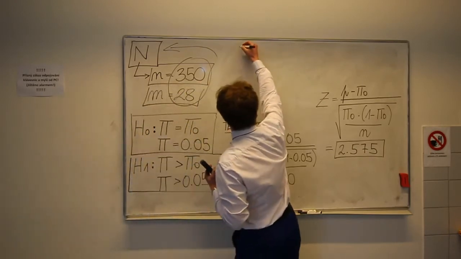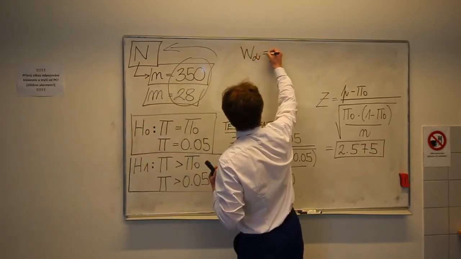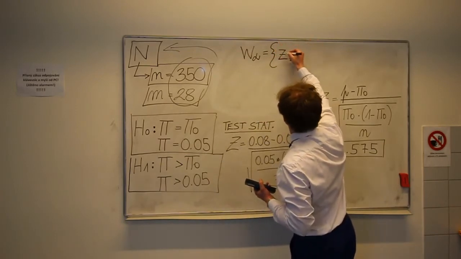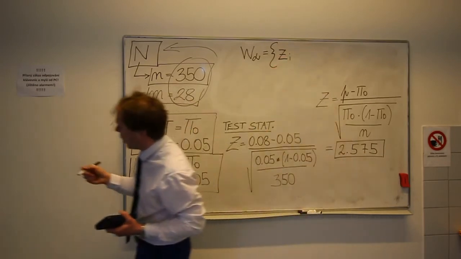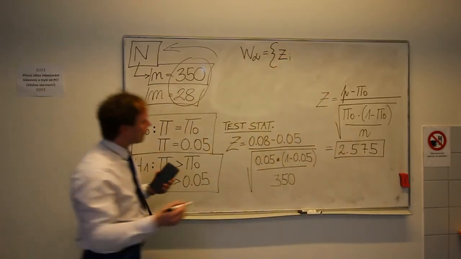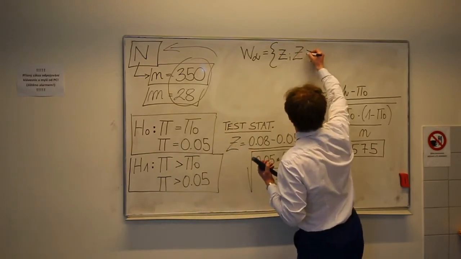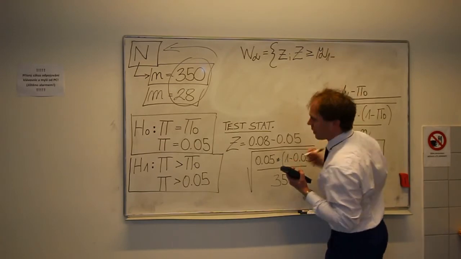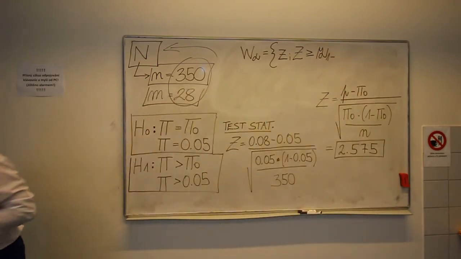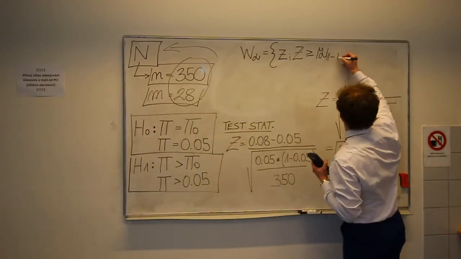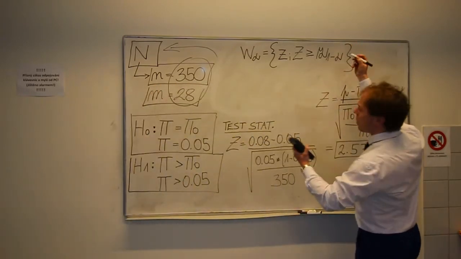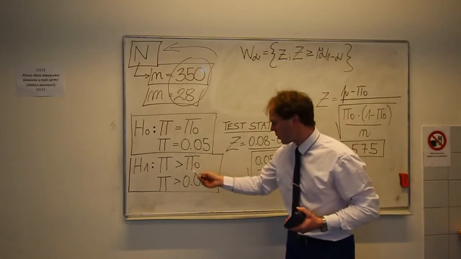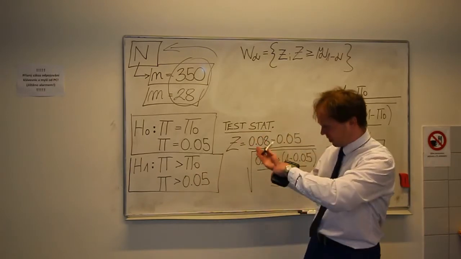The rejection region W alpha is valid if Z is higher than or equal to the value from the tables, Z of 1 minus alpha, because there is only a one-sided alternative, not a non-equal one, higher or smaller.